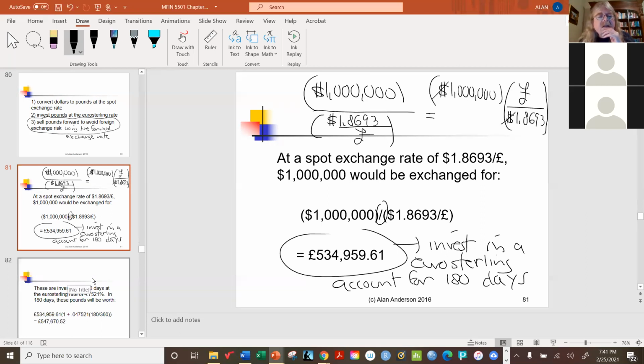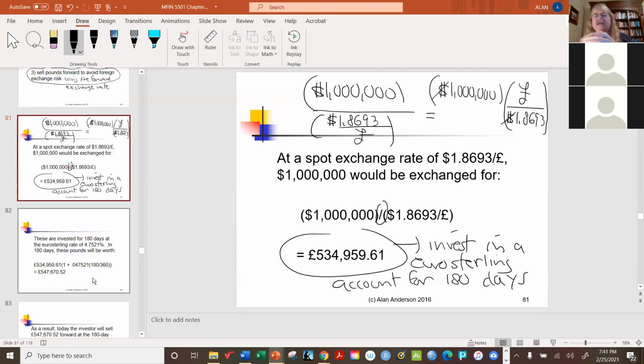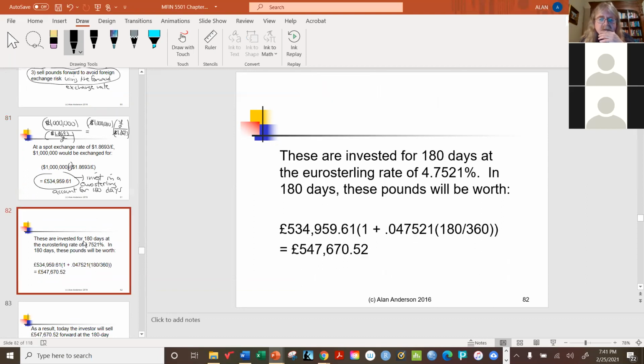And in fact, we can figure that out right now. All right, let me give you a minute to catch up, and then we'll see how much we'll have in 180 days. That's how many pounds you have to sell forward to eliminate all of your foreign exchange risk. All right, so here we go. Let's see how that works.